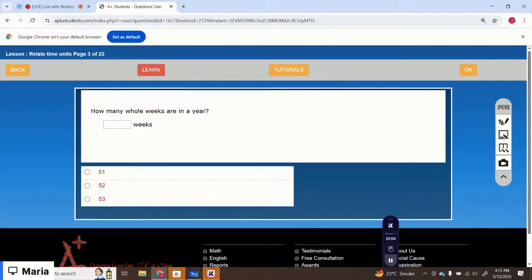How many whole weeks in a year? So the correct option is 52 whole weeks in a year. The correct option is 52.